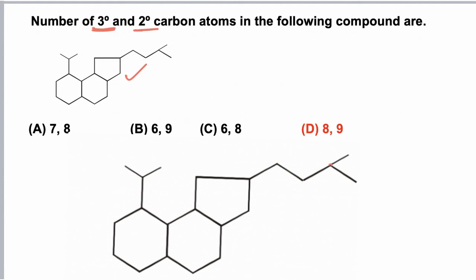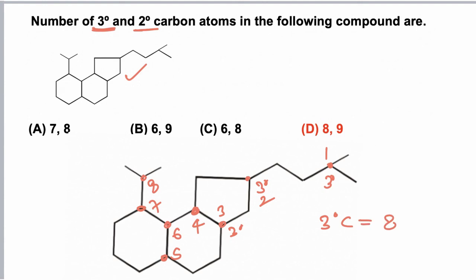So if we count, this carbon is 3 degree carbon, this is 3 degree carbon, and so on. So total number of 3 degree carbon 1, 2, 3, 4, 5, 6, 7, 8. So number of 3 degree carbon is equal to 8.